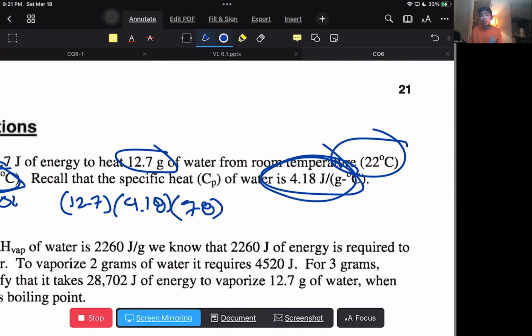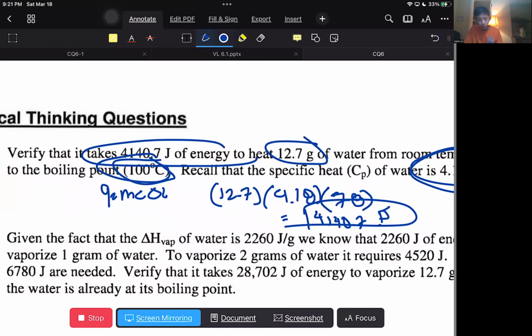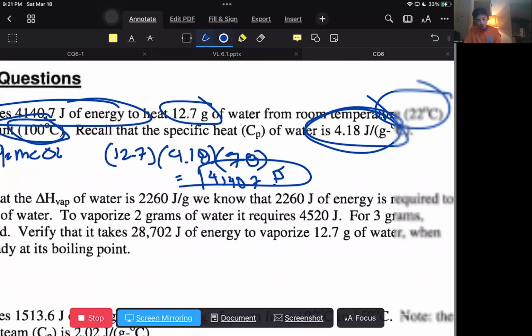So it's 12.7 times 4.18 times 78, and Q is going to be 4,140.7 joules. Just joules. Right there, 4,140. So this is verified.